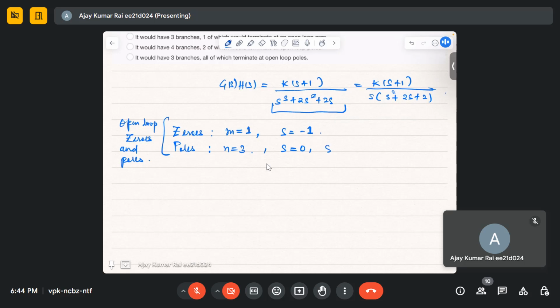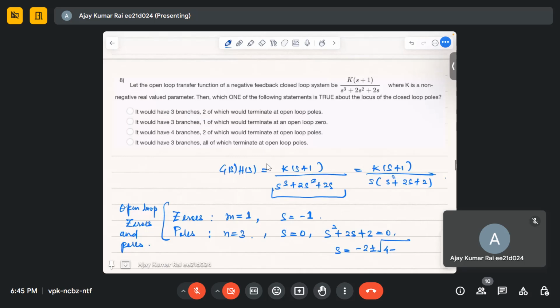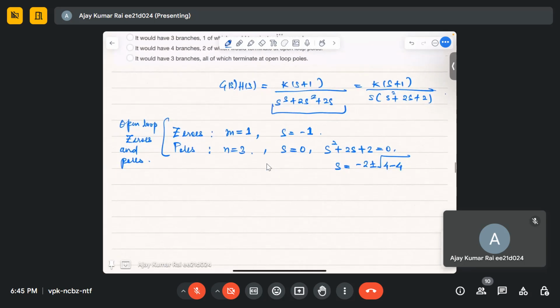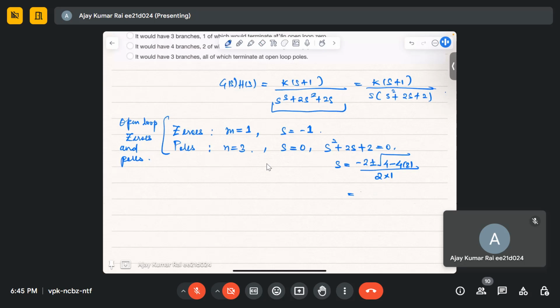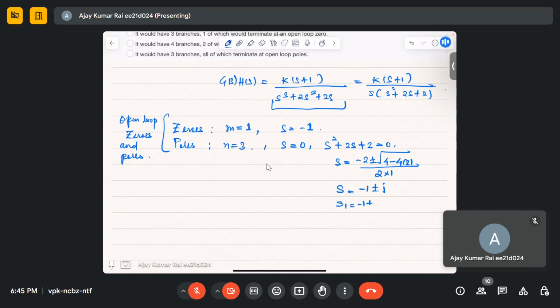The other two poles can be found by solving this equation, using the formula minus b plus minus square root of b square minus 4ac. What you're getting is 4 minus 8, which is minus 4, that is 2j. So 2j by 2 is j, so minus 1 plus minus j. So s1 is minus 1 plus j and s2 will be minus 1 minus j.